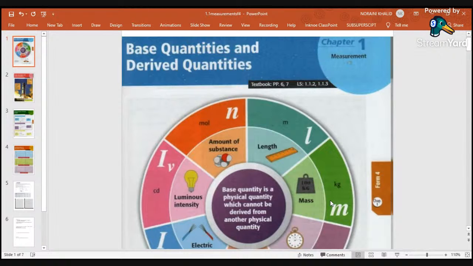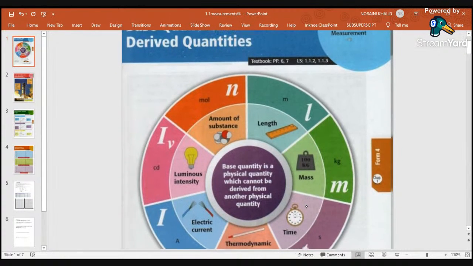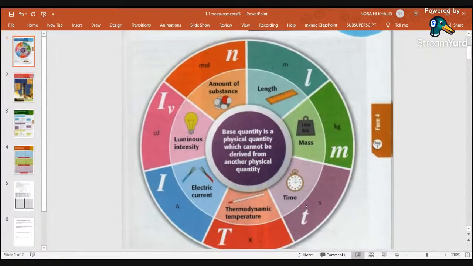Okay, base quantities and derived quantities. So under the first part, you have discussed about the difference between base quantities and derived quantities. Before that, let's look at base quantity, the definition for base quantity.